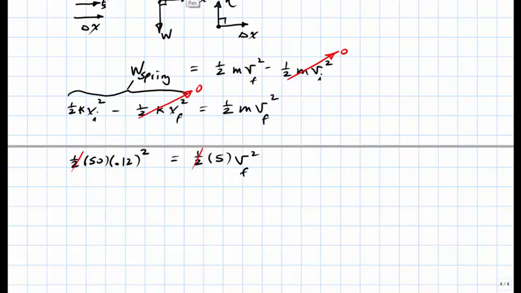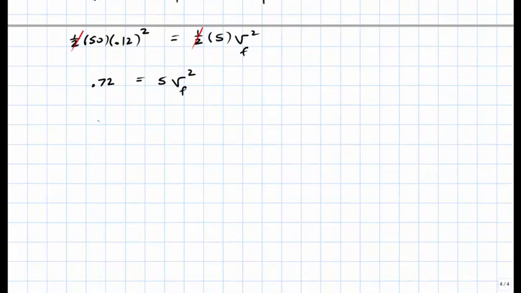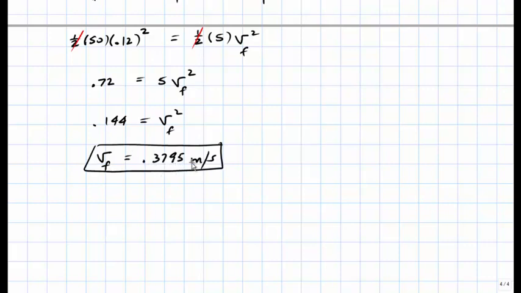Next, the left-hand side equals 0.72, and on the right-hand side we have 5 VF squared. We'll divide both sides by 5, and that yields 0.144 equals VF squared, and finally V final just equals the square root of that result, which equals 0.3795 meters per second.